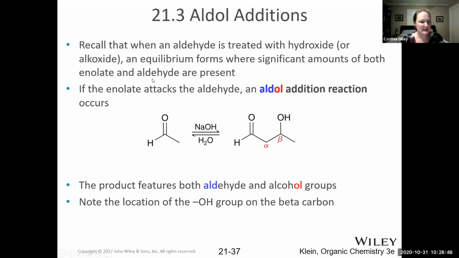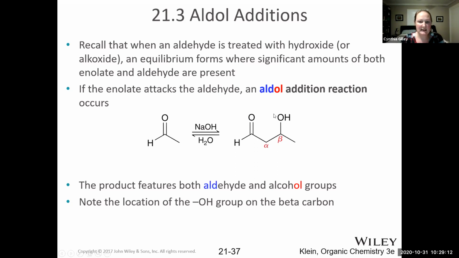And when that occurs, the enolate can act as a nucleophile and attack the aldehyde. And the product of that reaction is a beta hydroxy ketone or aldehyde, and it's called the aldol reaction, named after the product, which has both an aldehyde and an alcohol.